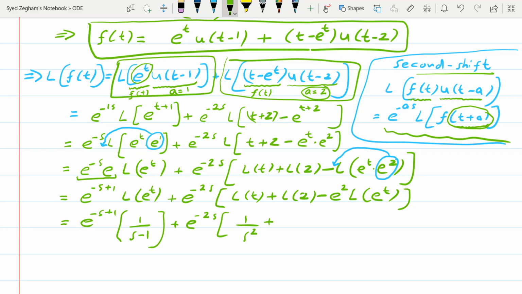Then Laplace transform of a constant k is equal to k by s. So Laplace transform of 2 will be 2 by s, minus e to the power 2, which is a constant, we have kept it outside, Laplace transform of e to the power t, that is again equal to 1 over s minus 1.